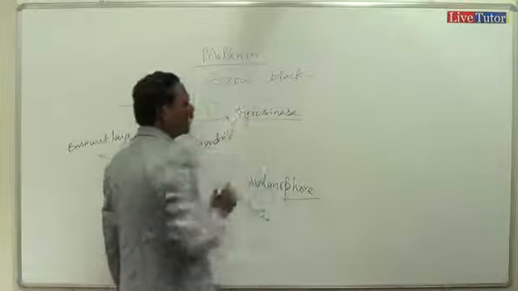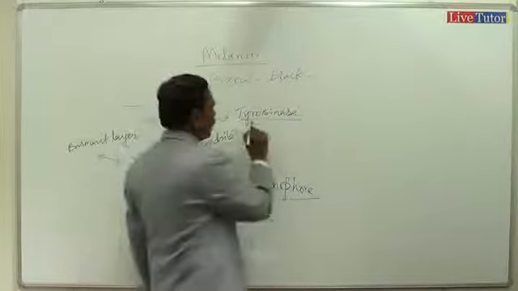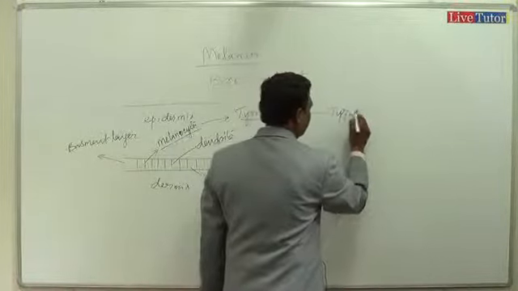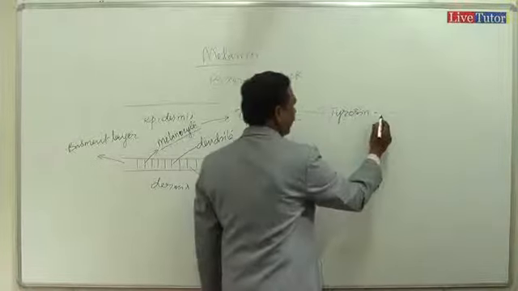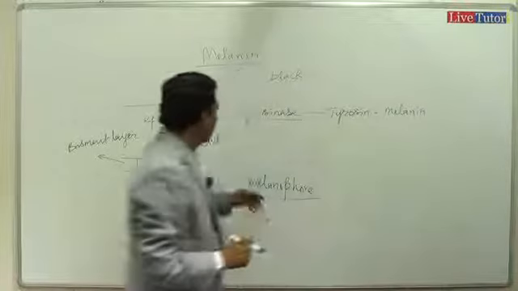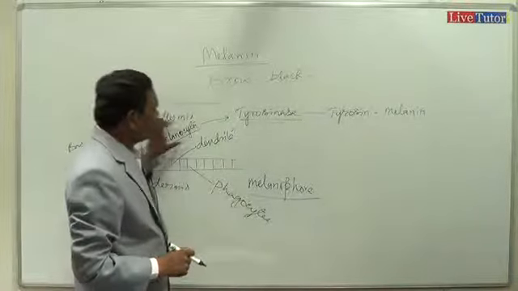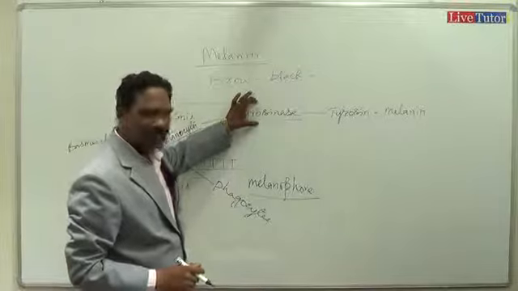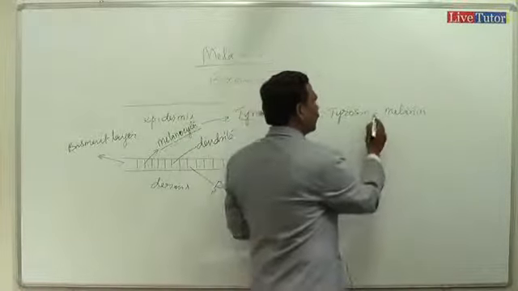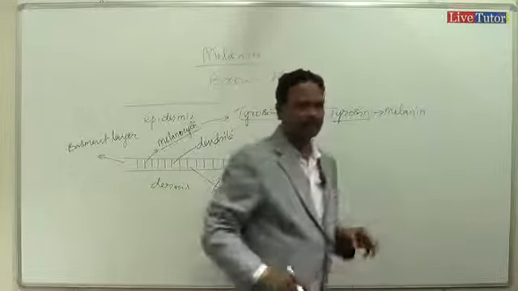What is the enzyme? Tyrosinase is used to convert the tyrosine amino acid into melanin pigment.